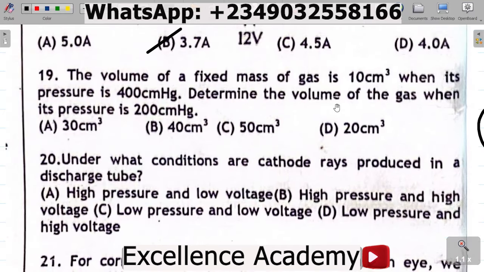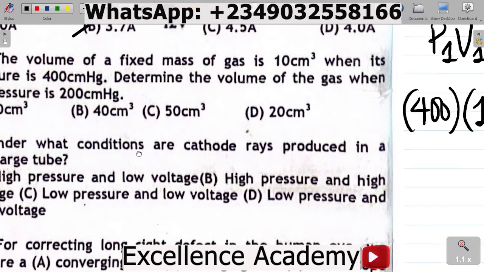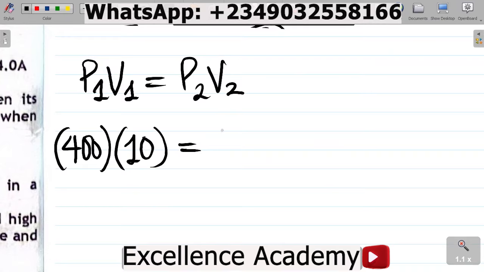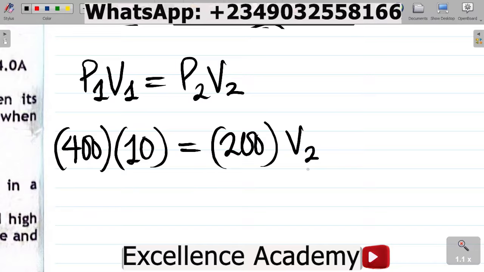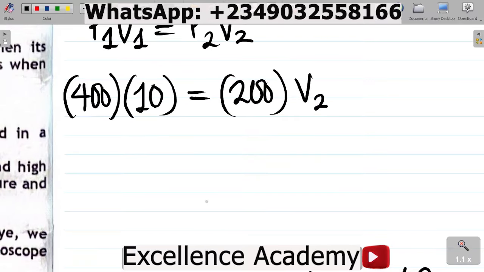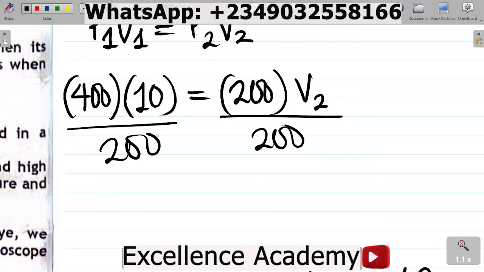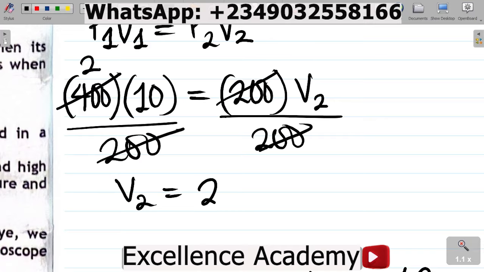You are asked to find the volume, that's V2, of the gas when its pressure is 200 cmHg. So when P2 is now 200, what's the value of V2 basically? All right. So to solve this question, just divide here by 200, divide here by 200, and let's get the value of V2. From here, V2 is equal to 400 divided by 200, you have 2. 2 times 10, you have 20.